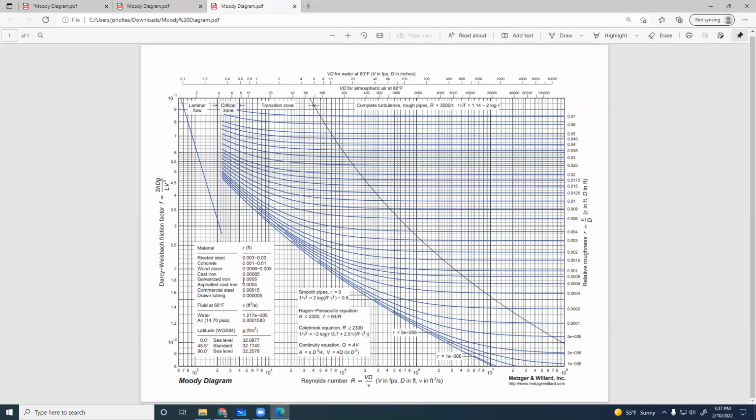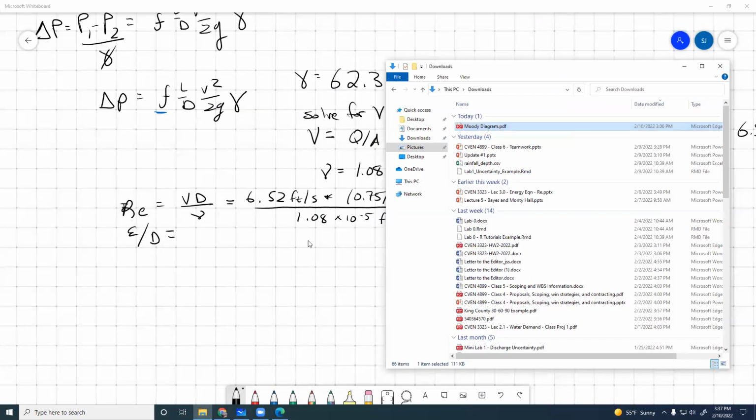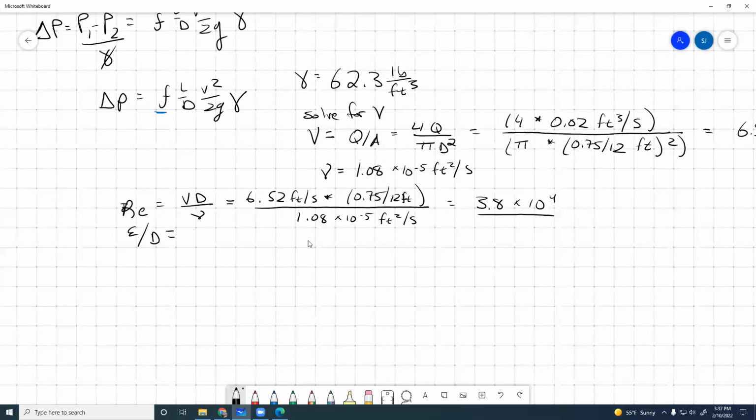Looks good to me. So 0.0005 feet all over, I should have just calculated D, but here we are, 0.75 over 12 feet. We get relative roughness of 0.008.